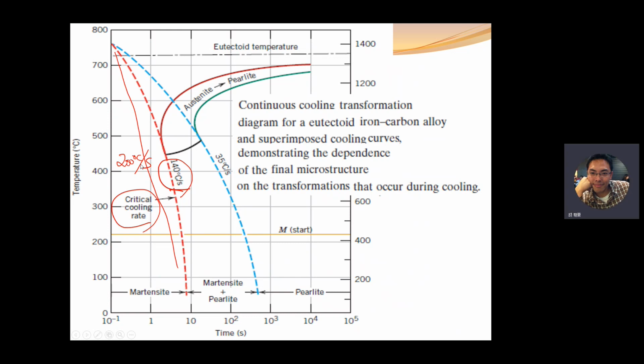If my delta T is 250 at this temperature, we just drop the temperature to 250 with a cooling rate of 200 Celsius per second.